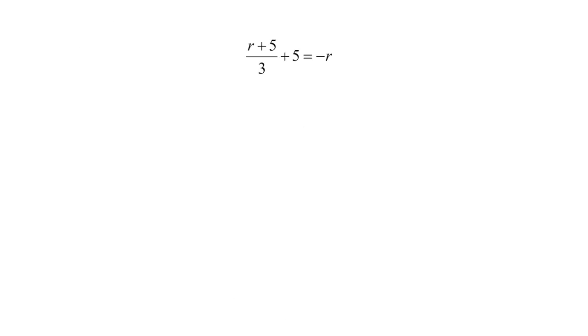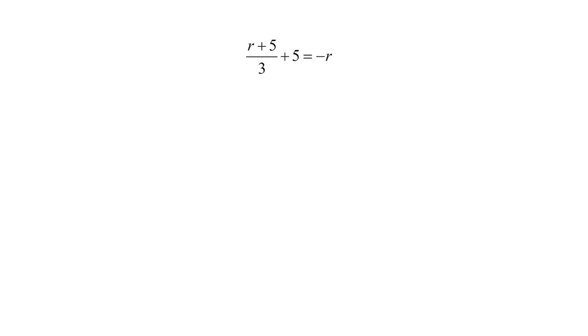Our last question in these examples is as follows. Here we have a 3 in the denominator. And we want to get rid of the denominator to make our equation a little easier to solve.